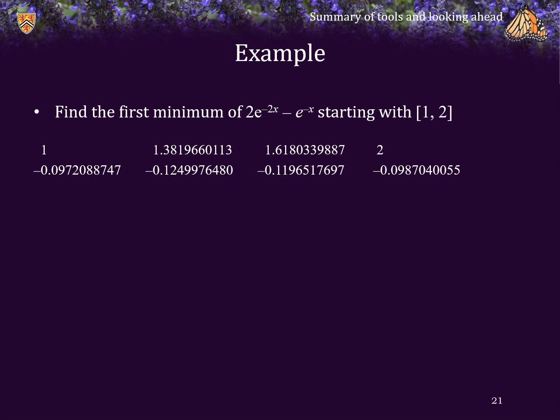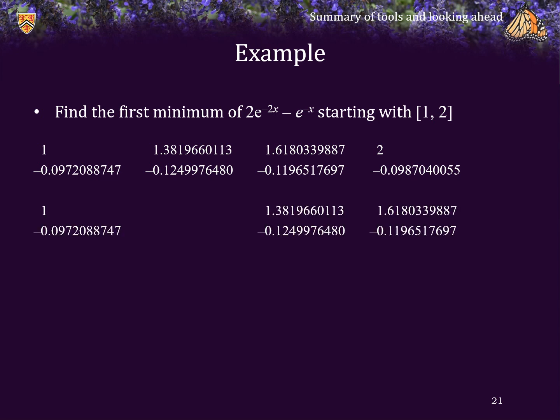Now, of those 4 points, the left interior point is the one that is least in value, and therefore it is the minimum, and therefore we will assume that the minimum lies between the left endpoint and the right interior point.